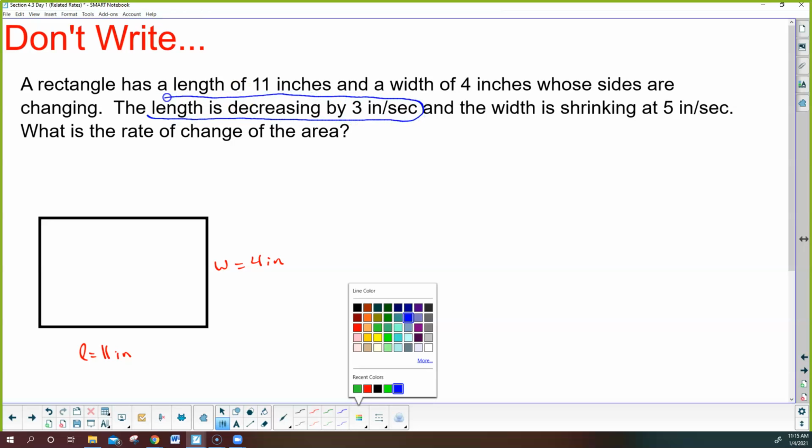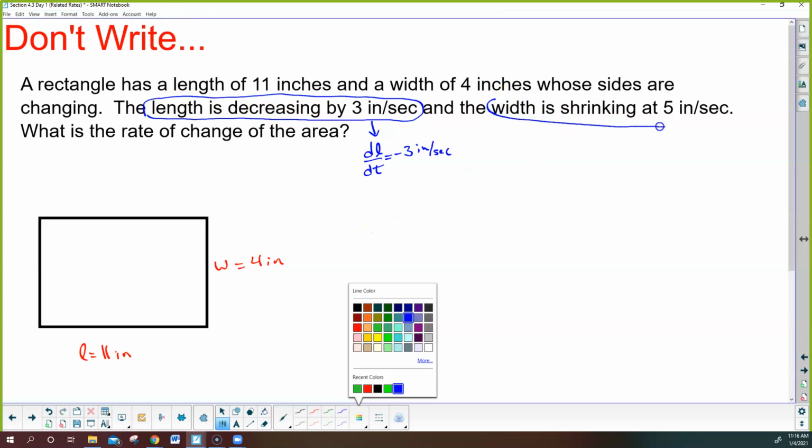So right there, the length is changing. That's going to tell me that dl dt, everything is with respect to time. In this case, time is seconds. And notice it's decreasing. So that actually is going to tell me that it's negative 3 inches per second. So that's my rate that the length is changing.